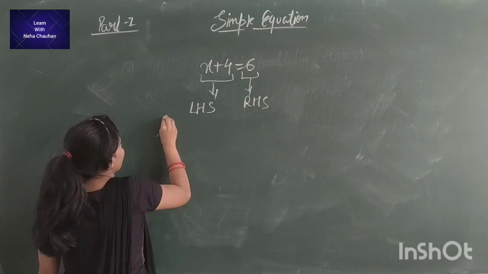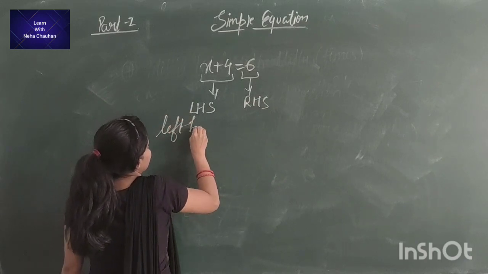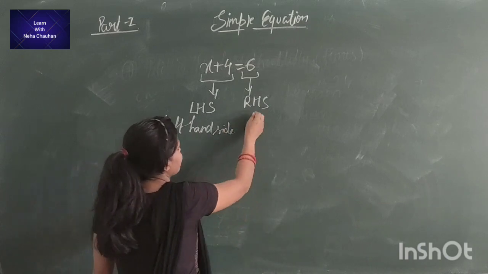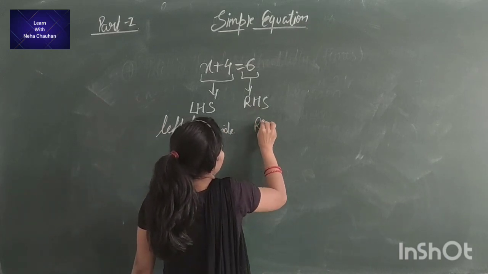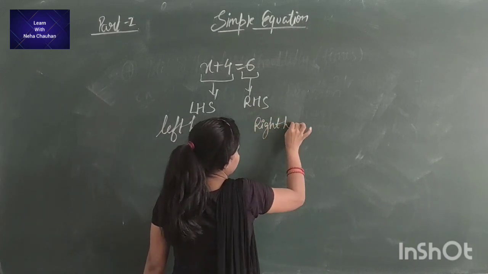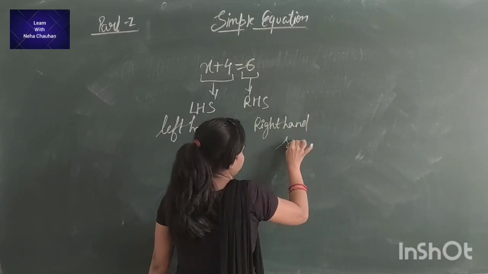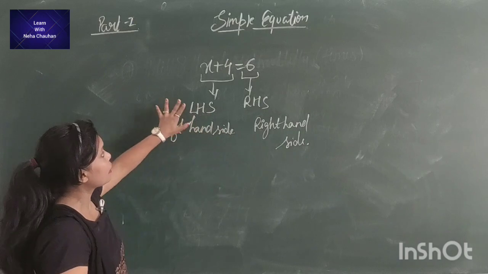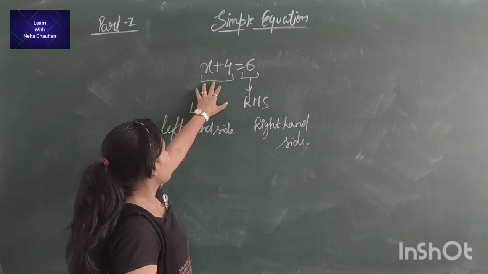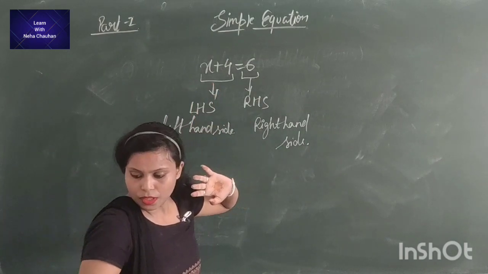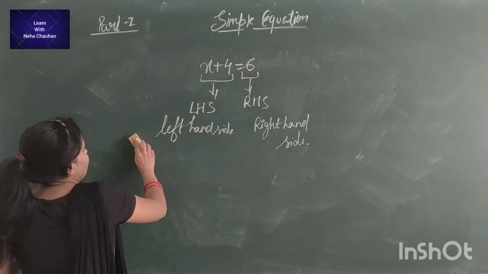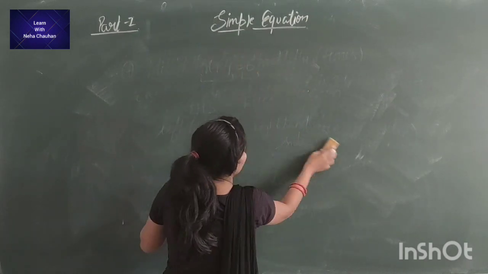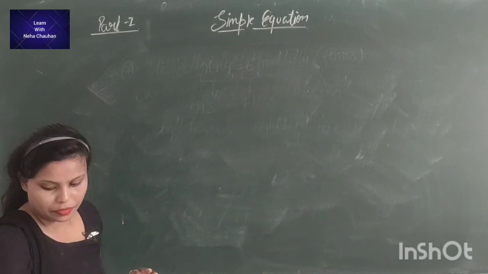LHS means left hand side, okay, and RHS is right hand side. Now we know that the equation consists of two sides. Now we will study how to form an equation from a statement.